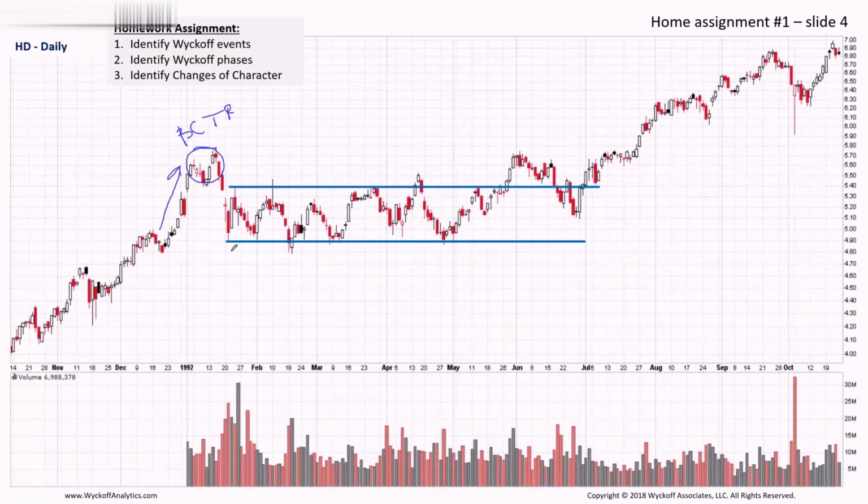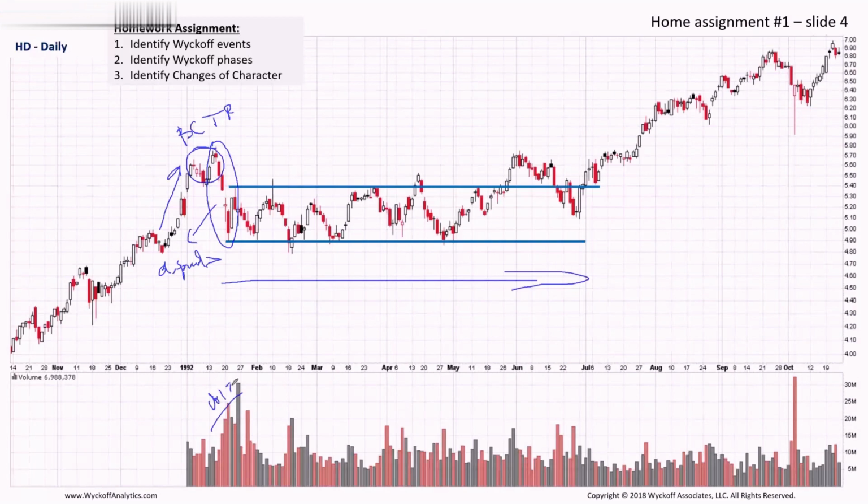And then the first move to the downside, and looking again historically at this picture, I would say that characteristics of this move to the downside, with the increasing down spread and increasing volume signature, suggest that this is more of the climactic nature.